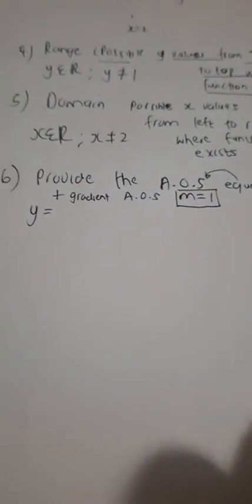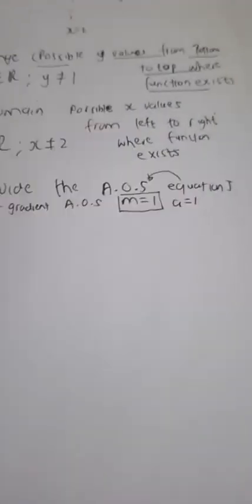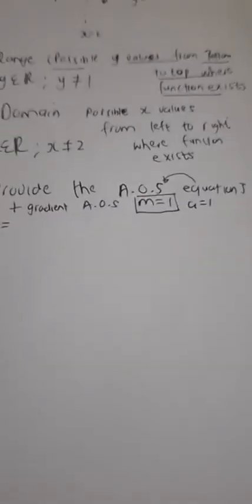First and foremost, if we are looking at the positive gradient AOS, then we know before we even start that the gradient of that axis of symmetry is going to be without a doubt equal to 1. M stands for gradient, or sometimes they use A instead of M. But it doesn't matter, guys, as long as we understand that the coefficient of the bracket is basically M or A. So anyways, here's what we do.